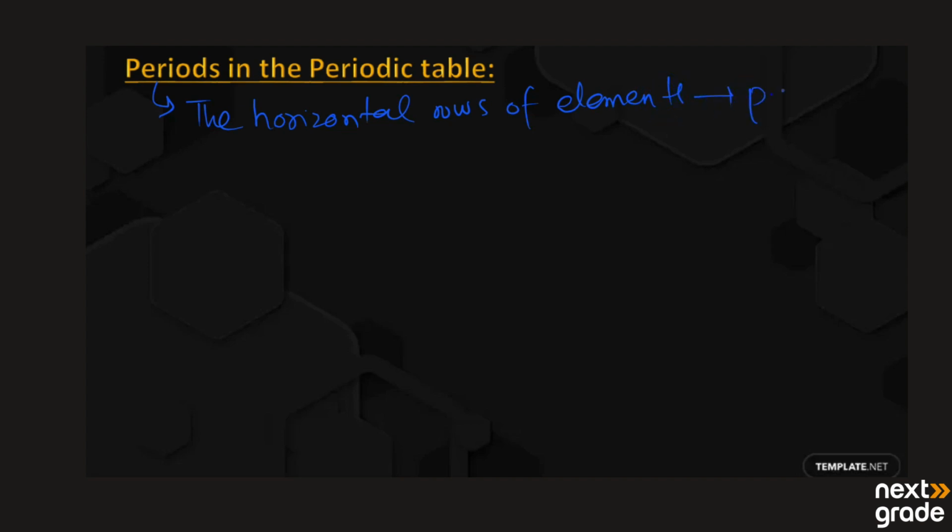The total number of periods is 7, of which some are known as short periods and some as long periods. Their numbers are from 1 to 7, and all the elements in the same period have the same number of electronic shells.